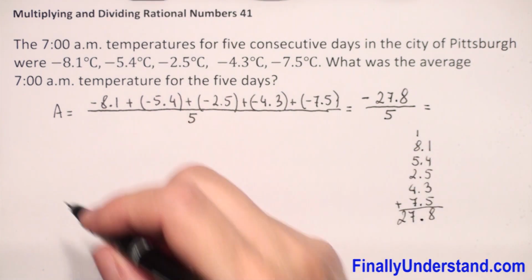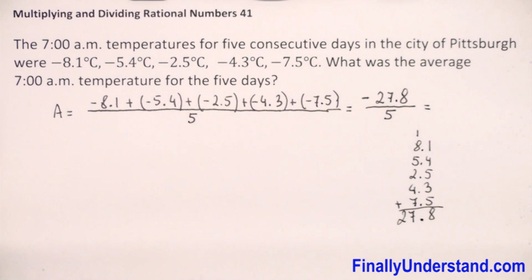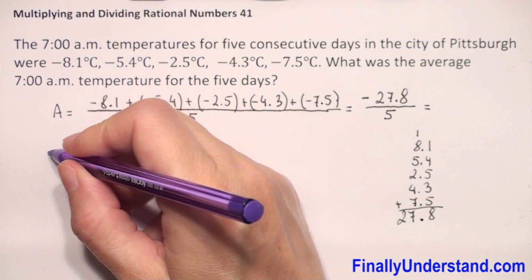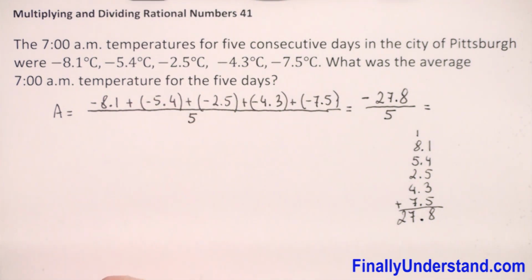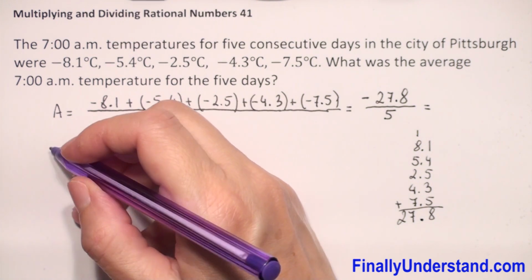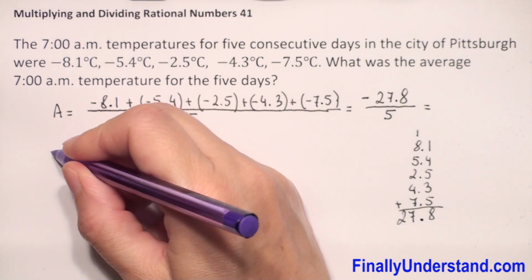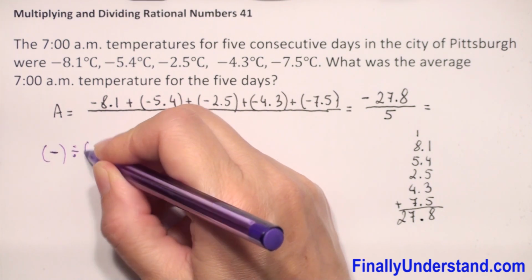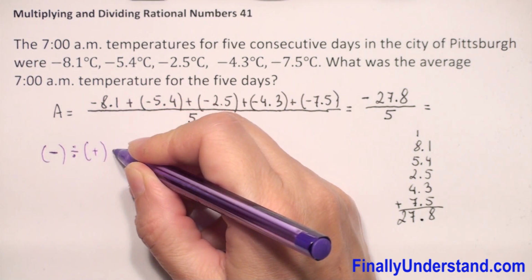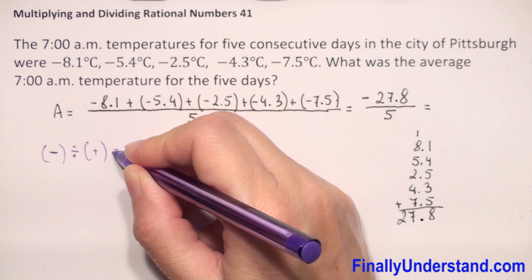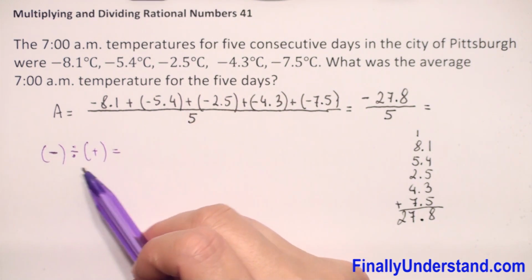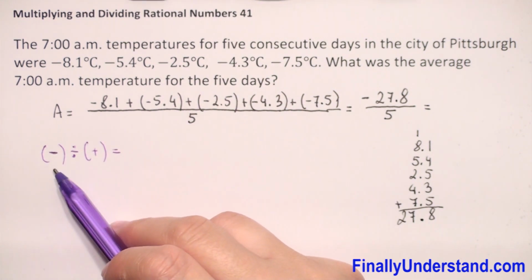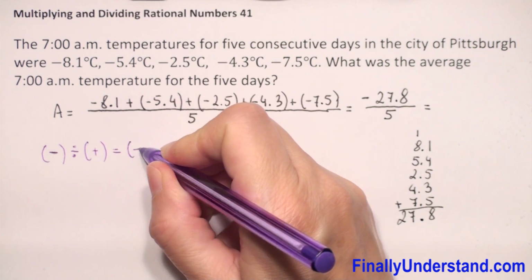When we have division, it doesn't matter if numerator or denominator is negative, the answer is negative. So in this case we have a negative number divided by a positive number. It's the same rule as for multiplication. When one of the numbers is negative, the answer will be negative.